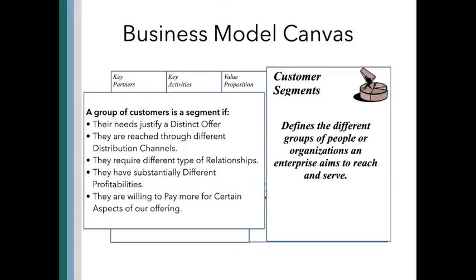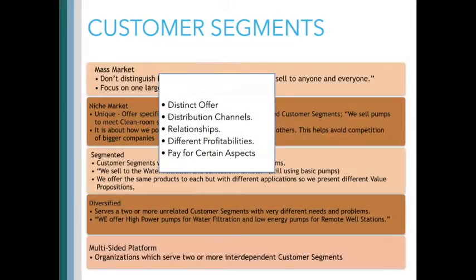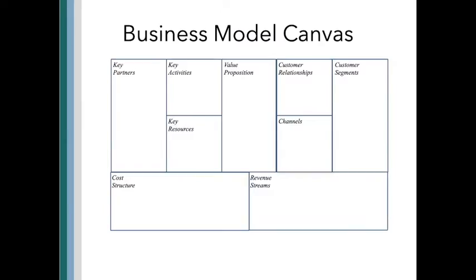The best way to understand the customer segment is to say, does their need justify a very distinct offering? So what's important is that you really consider what distinct offering, what channels I'm going to use, what relationships, if there's different profitabilities. They really go into, as you define this, in how you use these segments or how you approach these segments of the market.